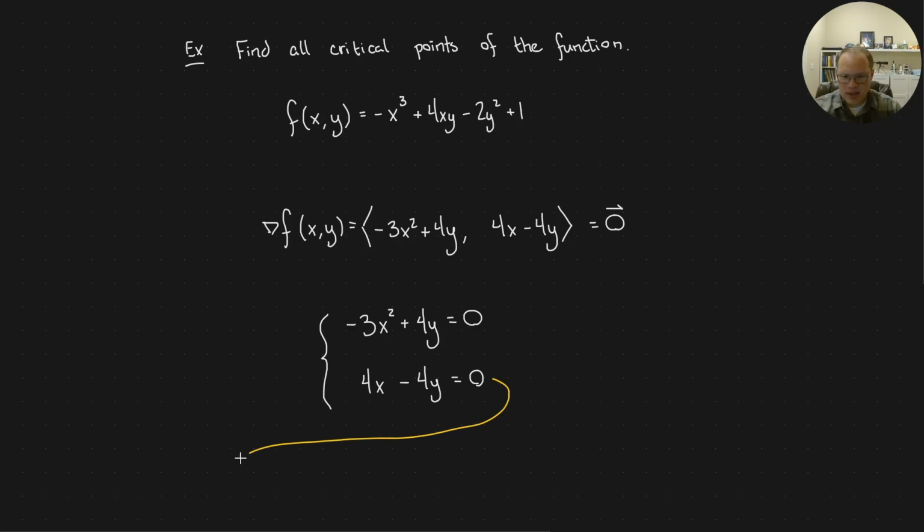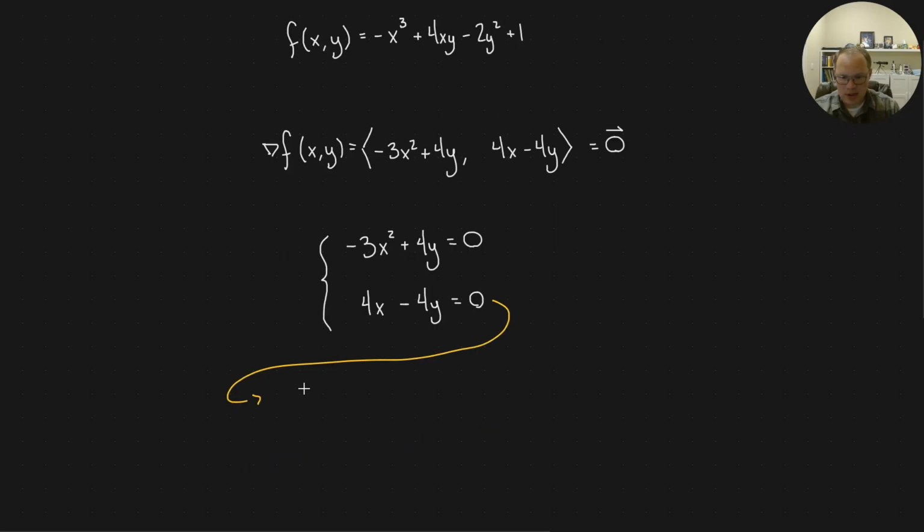I'm going to take the second equation because it's going to be a little bit easier to isolate one of the variables here. I have 4x minus 4y equals 0. And I'm going to express one of the variables in terms of the other. If I add the 4y to the other side, if I divide both sides by 4, I find that in order to have a critical point, I need x to be equal to y.